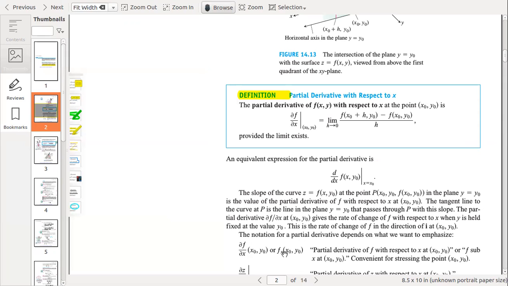The notation for a partial derivative depends on what we want to emphasize.